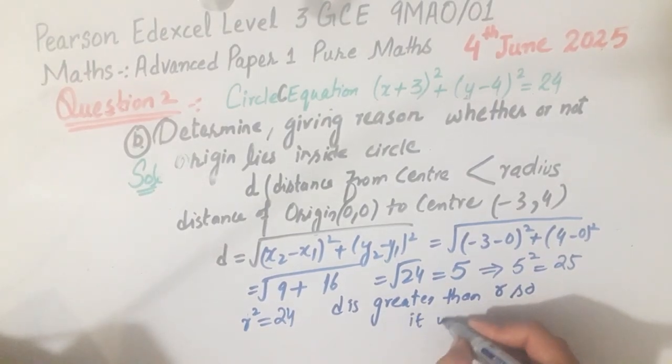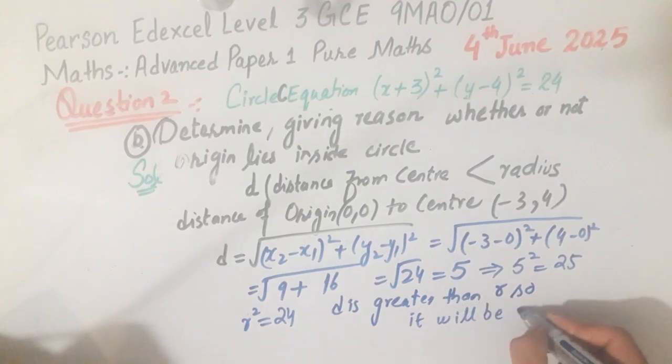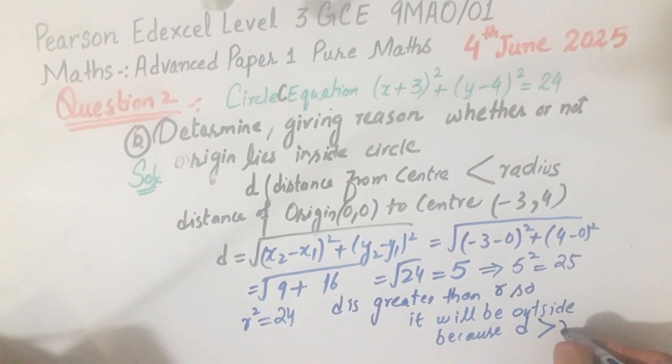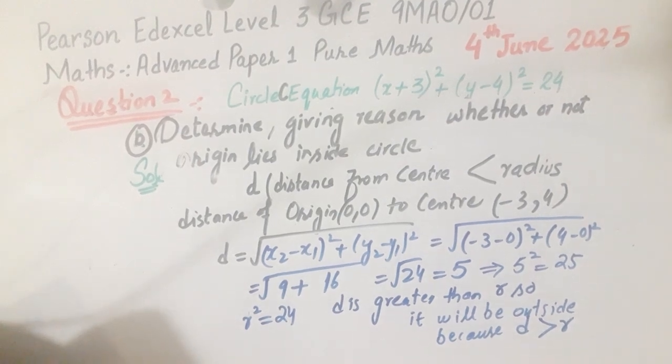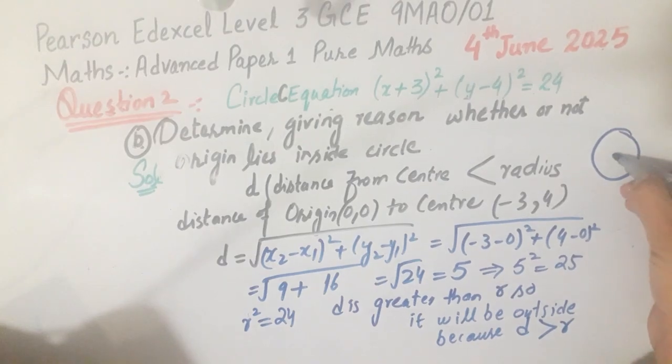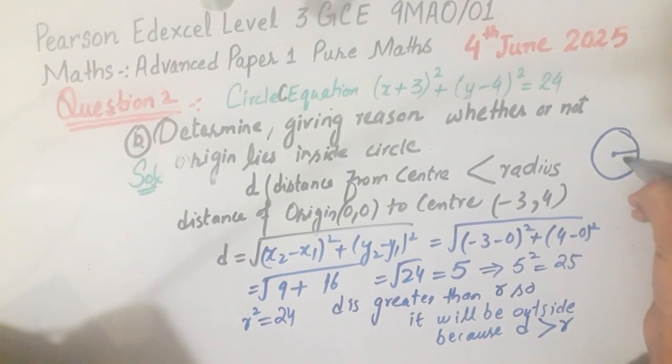The condition is that the distance is greater than r. Now this is a circle, this is the center and this is the radius. So if the distance d from the center is greater than the radius, the point lies outside the circle.